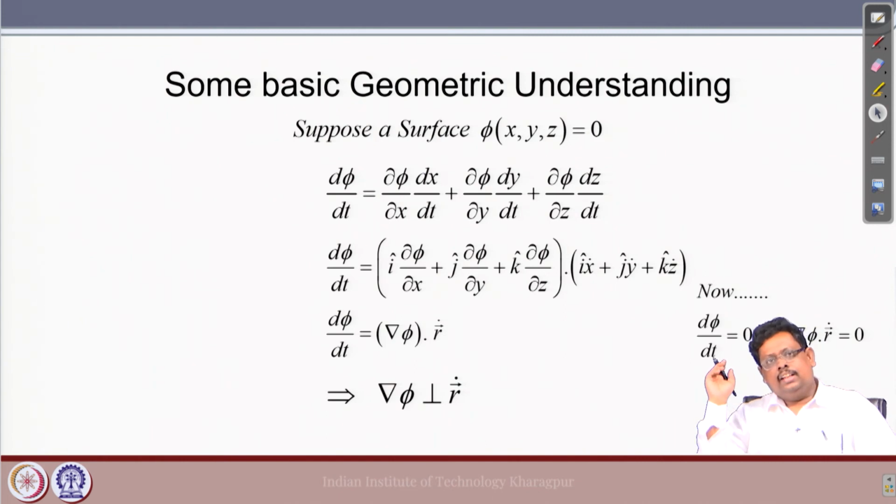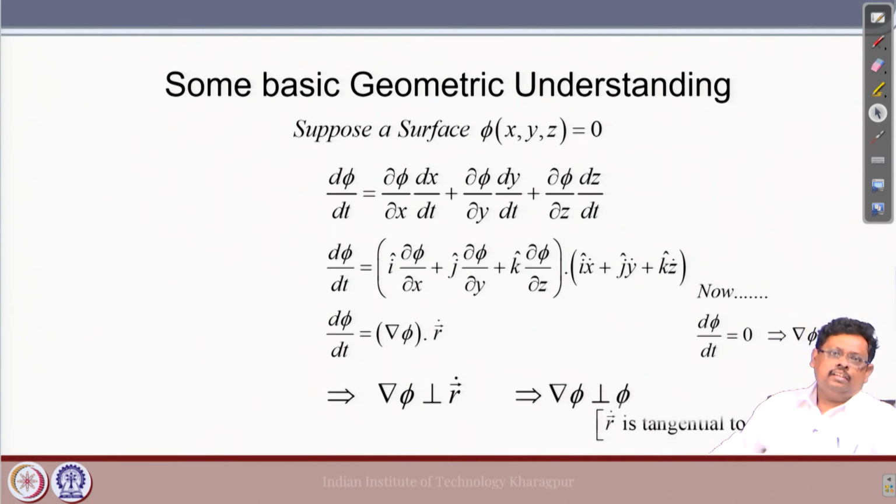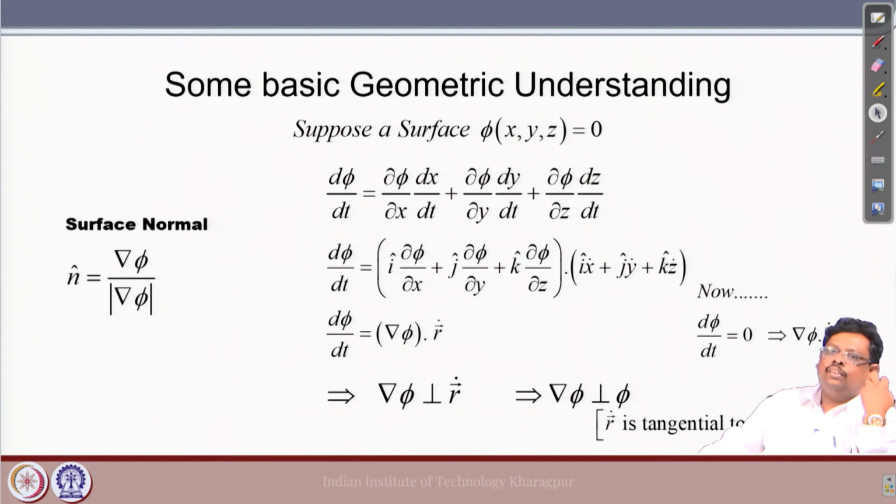So, this is the takeaway. Suppose phi(x, y, z) equals 0 is the surface, then definitely I can say that grad phi is perpendicular to r dot. So, grad phi is the normal to that surface, and therefore, I can say that the surface normal n can be defined as grad phi divided by modulus of grad phi.